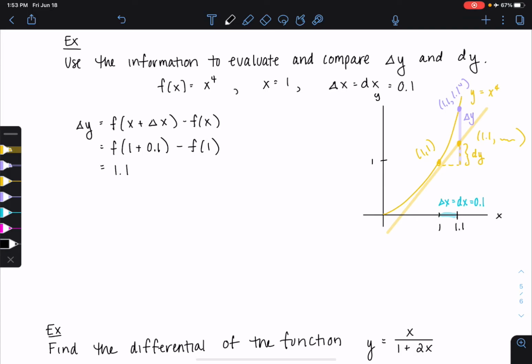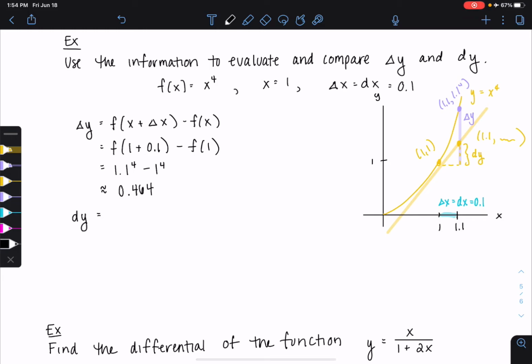So my true change in y values is 1.1 to the fourth minus 1 to the fourth. And if you plug this into your calculator, it is going to be about 0.464. So that's approximately my true change in y values.